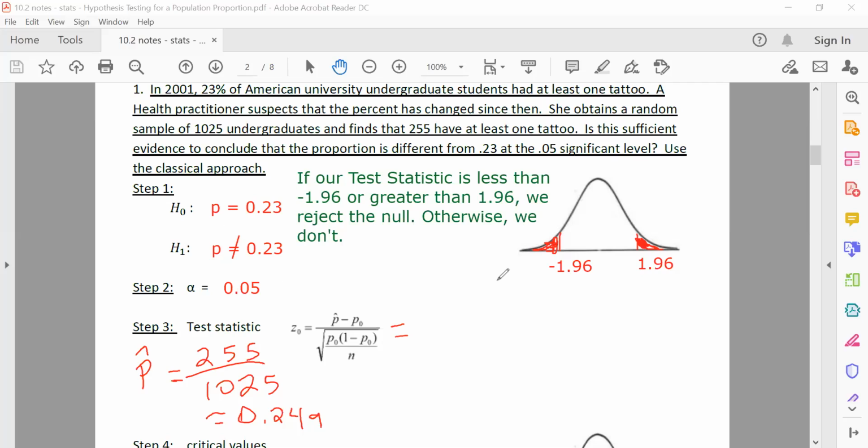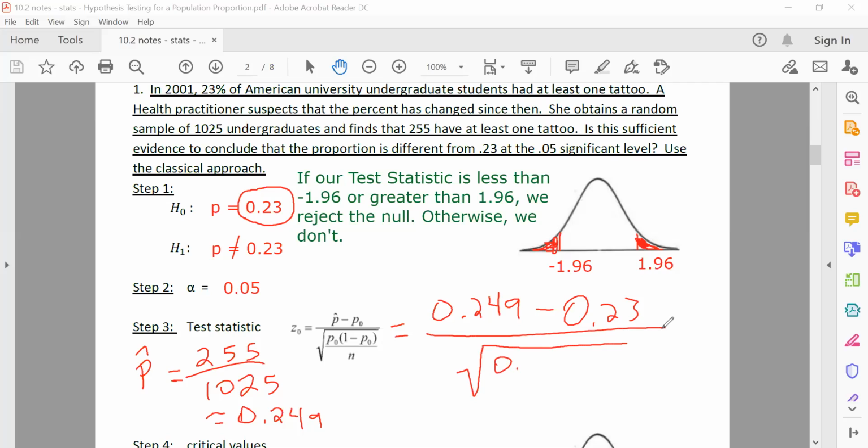So for our test statistic value, we're going to take p hat, which is 0.249, minus p0, which is the assumed value of the proportion from the null hypothesis, so minus 0.23, all divided by the square root of 0.23 times 1 minus 0.23, all over n, our sample size, which again was 1025.